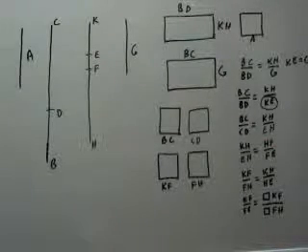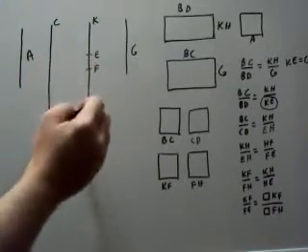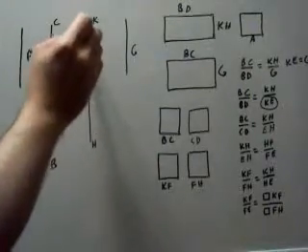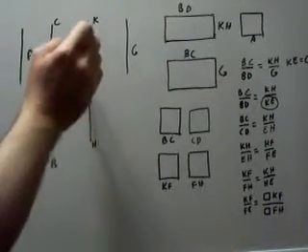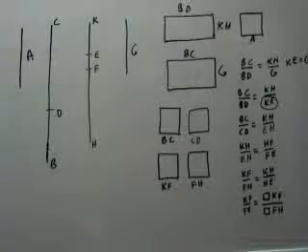Therefore, also, as KF is to FH, so is HF to FE. That's by Euclid Book 5, Proposition number 11.